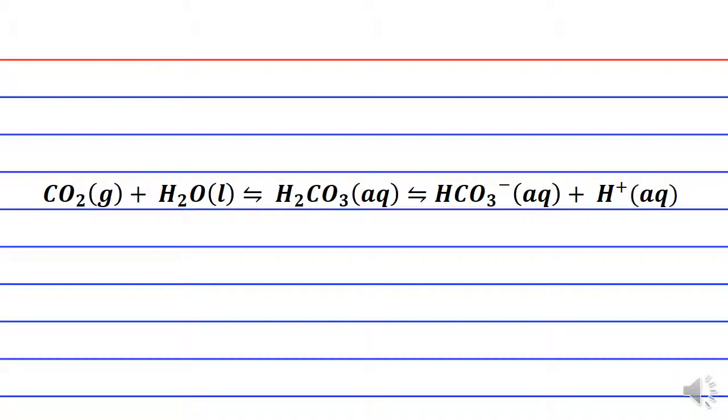That's going to equilibrate with carbonic acid in the aqueous liquid phase, which in turn equilibrates with the bicarbonate ion in aqueous solution and protons in aqueous solution. Just take this in, and it would be good to memorize it.